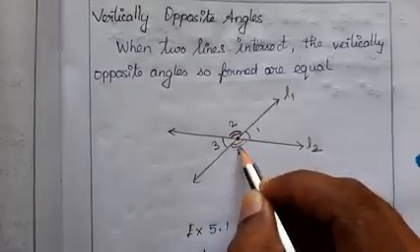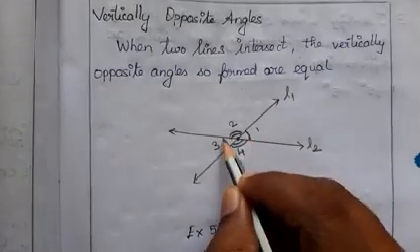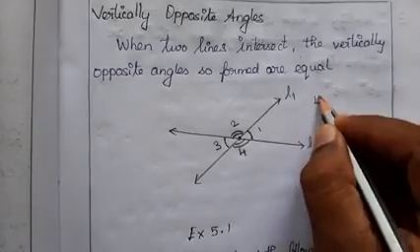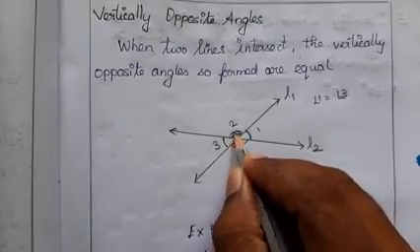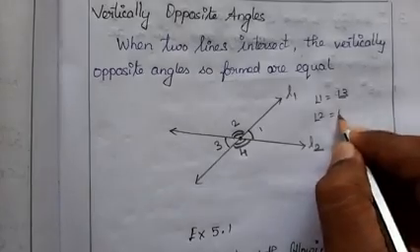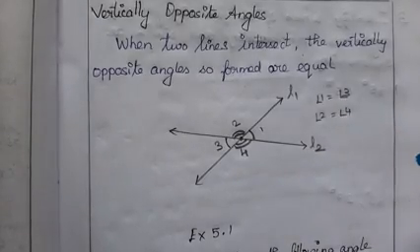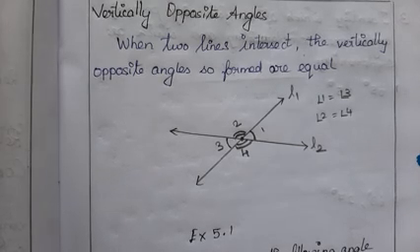Then we can say that opposite angles are equal. So here angle 1 is equal to angle 3, and angle 2 is equal to angle 4. This kind of angles we call vertically opposite angles.